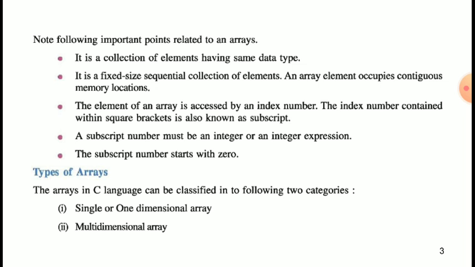Next topic, types of array. The array in C language can be classified into the following two categories. First, single or one dimension array. Second, multi-dimension array.